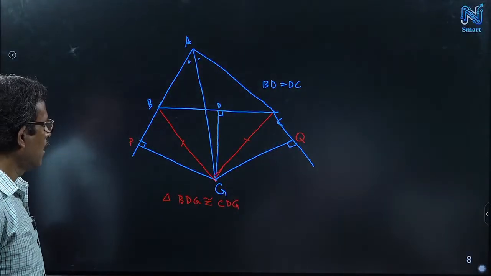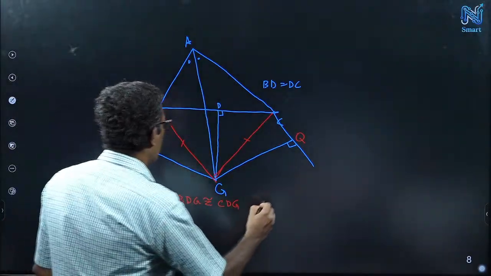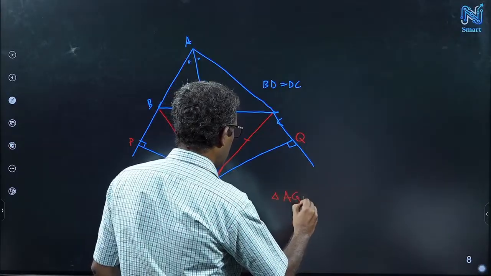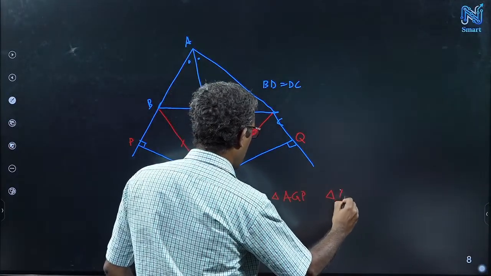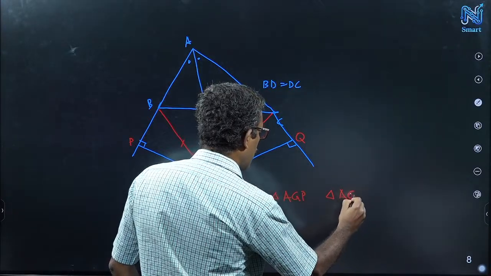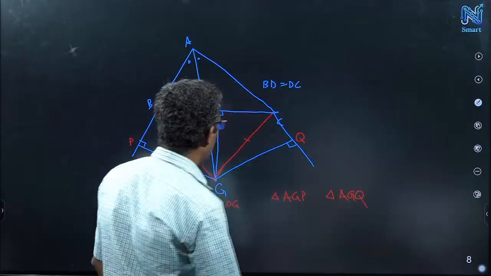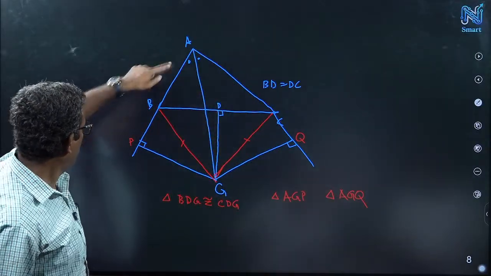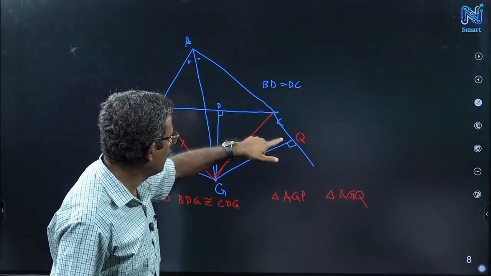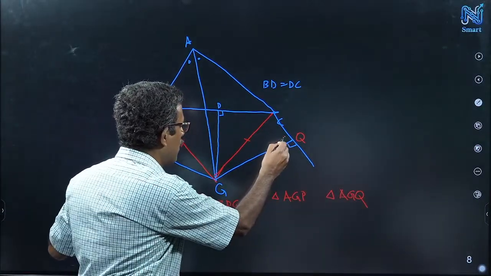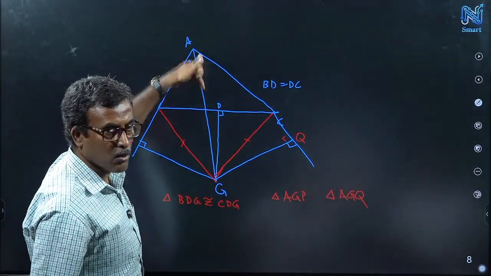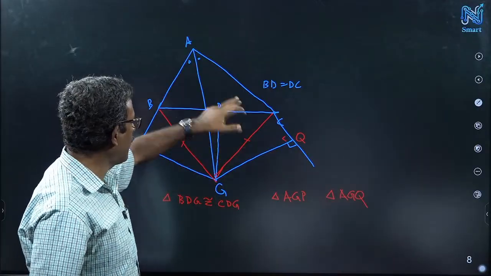Again we consider the triangle AGP and the triangle AGQ. Again what happened? These two are right angles, two angles are equal, and the common side, so it is angle side.